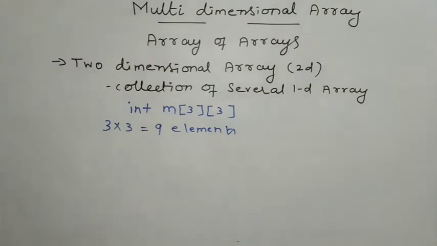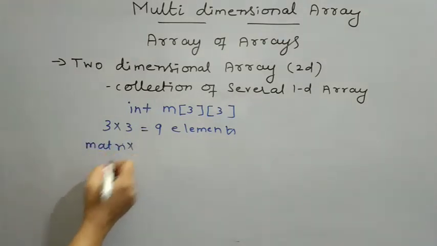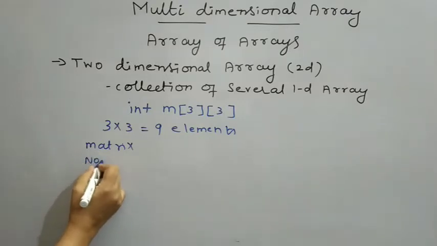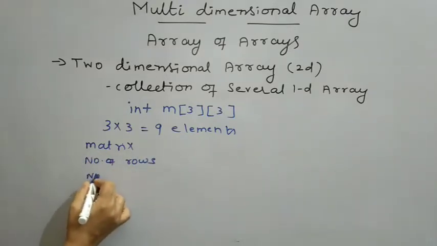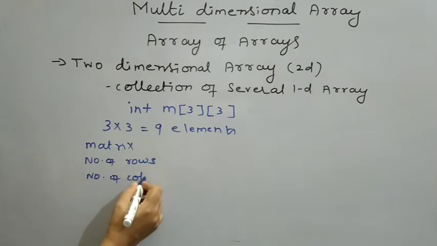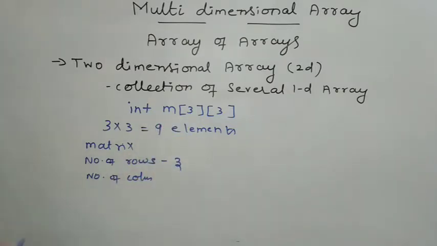For example, if we take a matrix, it has a number of rows and a number of columns. If we are representing the matrix as a two-dimensional array, the first index is the number of rows, and the second index position is the maximum number of columns.